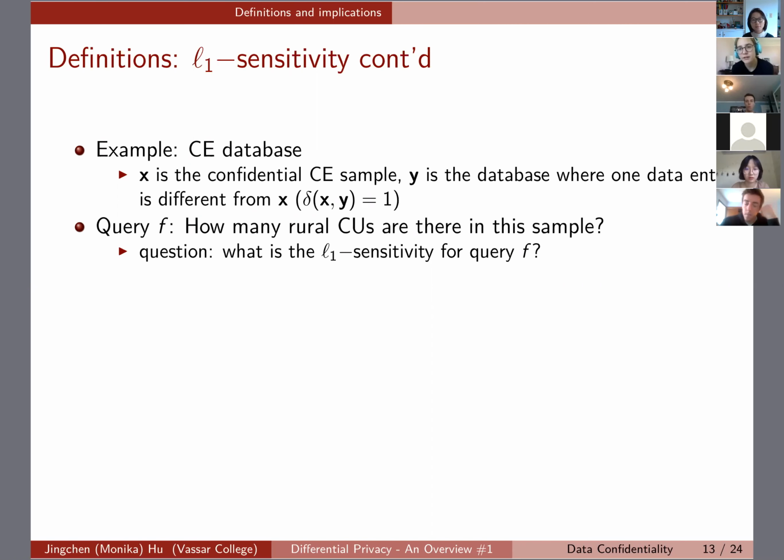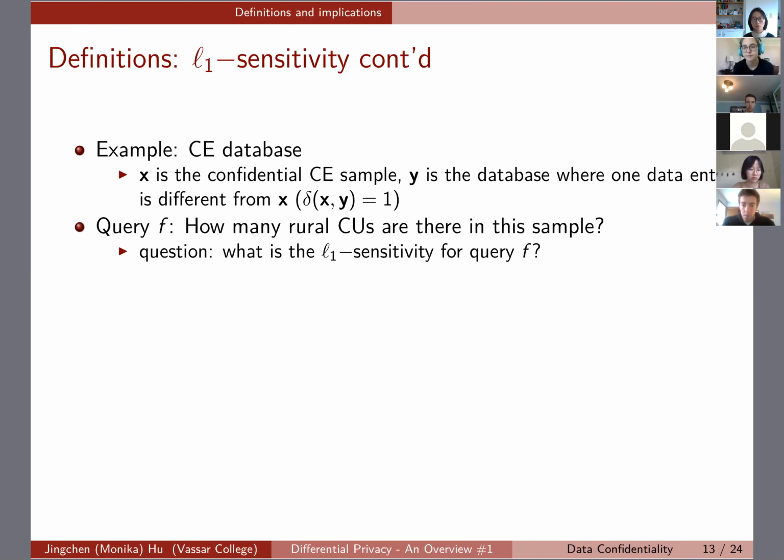We thought 1 is the maximum change you could get. Yeah, so what would be a scenario where we actually get a change of 1? If you change X to Y. Yeah, if one rural CU became an urban CU, then you would have that change of 1.